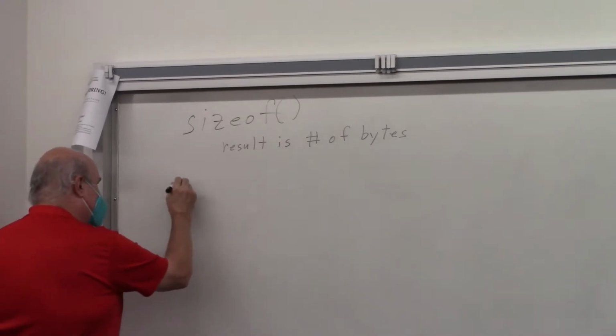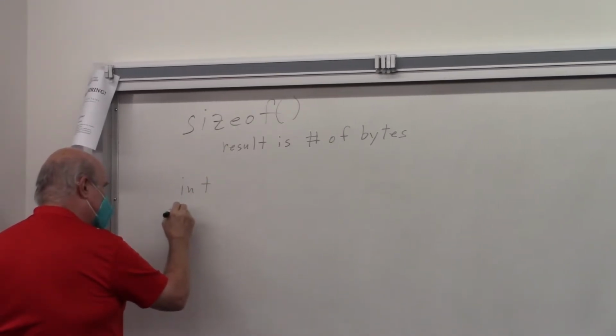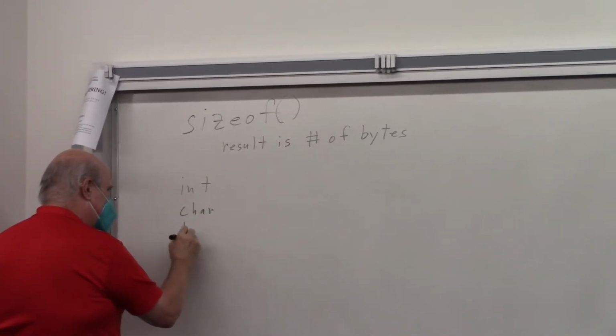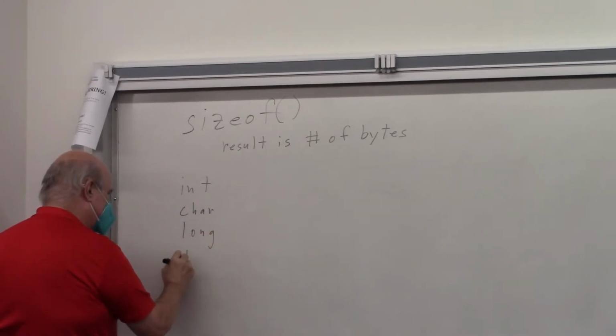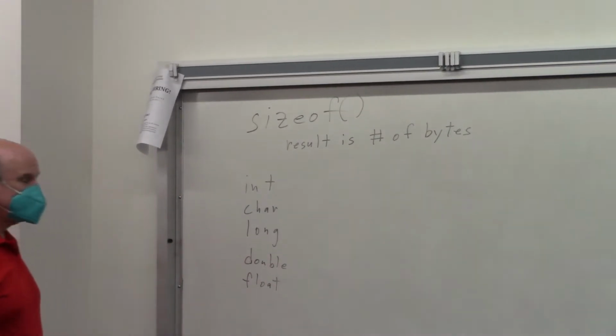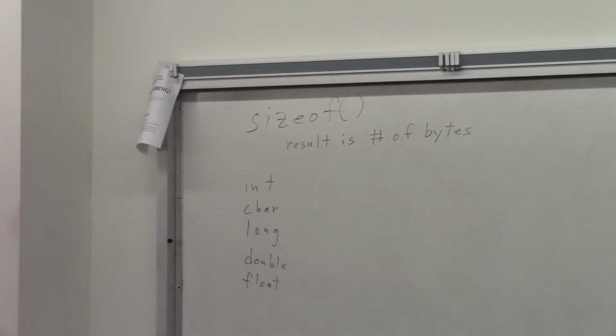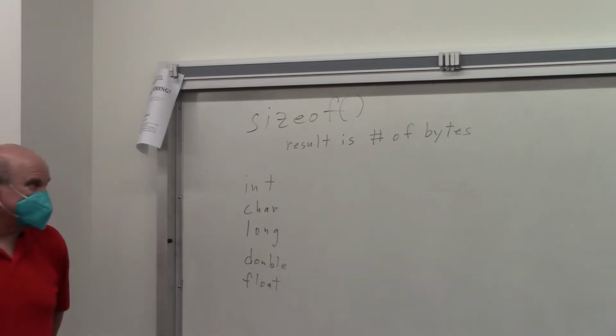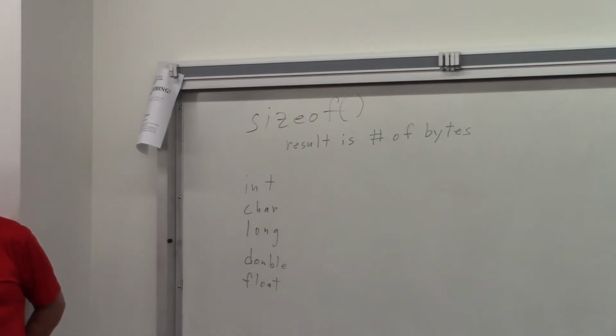So, we had types called int, char, long, double. These are types that are specific to the language. I may have missed one. If you pass a type to the sizeOf operator, you will get the number of bytes for that type on that computer system.